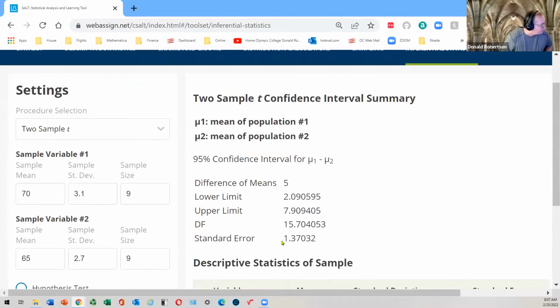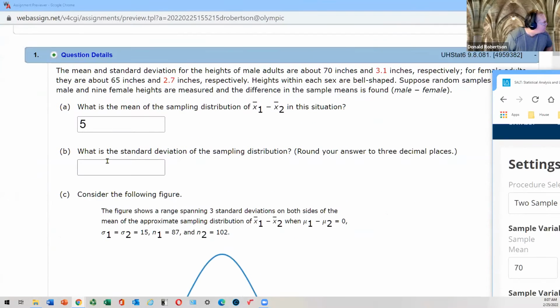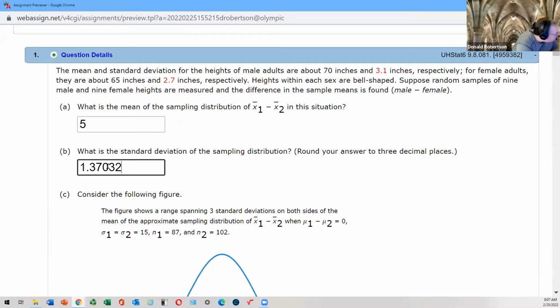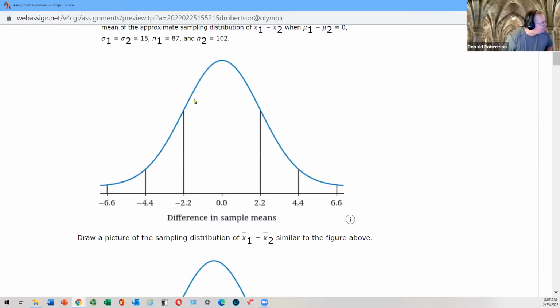Okay, so they wanted to know the standard error. There it is. That means I don't need to spend all my time calculating it. So I'll do copy. I'll go here, put in the standard error. And what do they want it? 3 decimal places. Right, you round off to 3 decimal places. It's that guy.